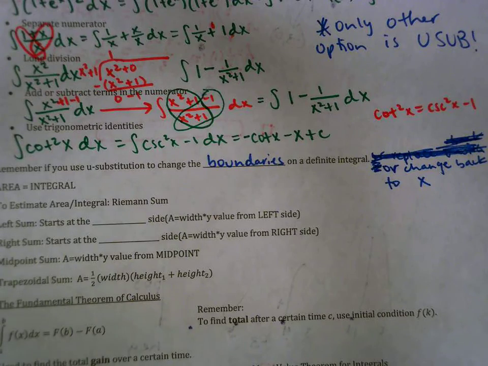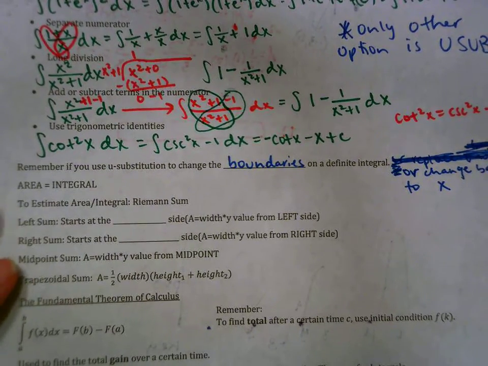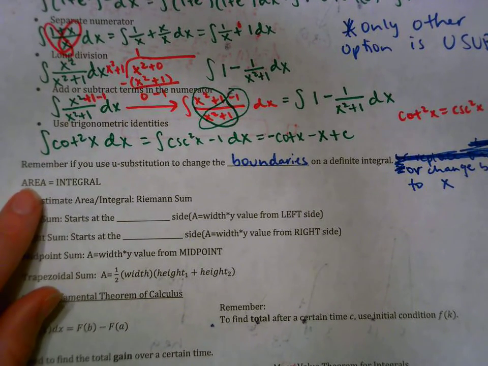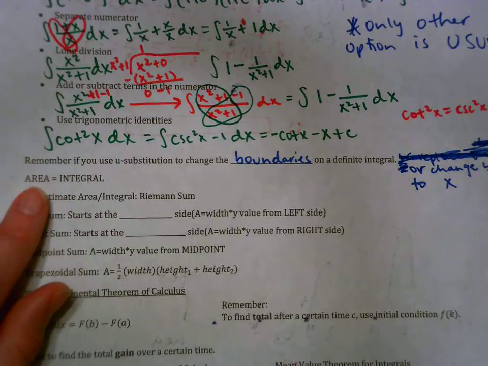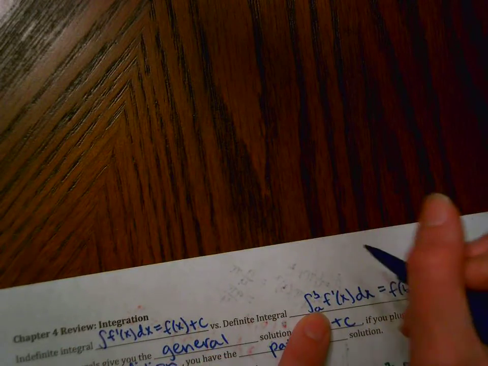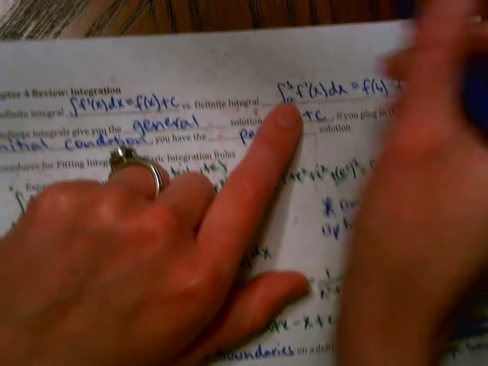Okay, so then ultimately what you need to understand is, what is the integral? A definite integral gives you the area under the curve of whatever you're integrating, right? So how do we find a definite integral? Maybe I'm going to write this on top. Ways to find a definite integral.